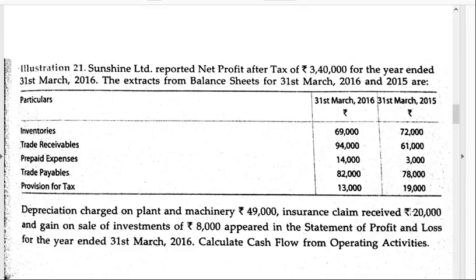So when you have received 20,000 from the insurance company, you must have added it in the profits. Now, when we are to calculate net profits before taxes, what we do is we adjust extraordinary items. I told you that if there is an extraordinary income, that will be subtracted, and if there is an extraordinary expense, that is added back.